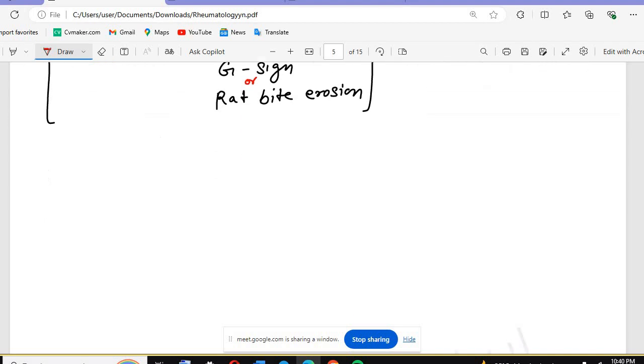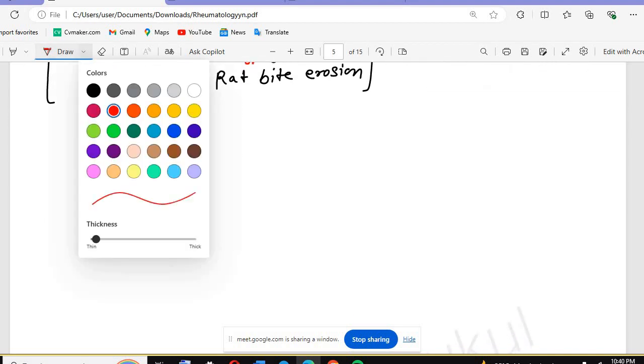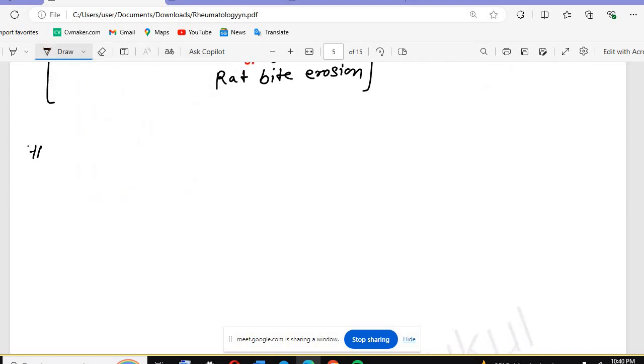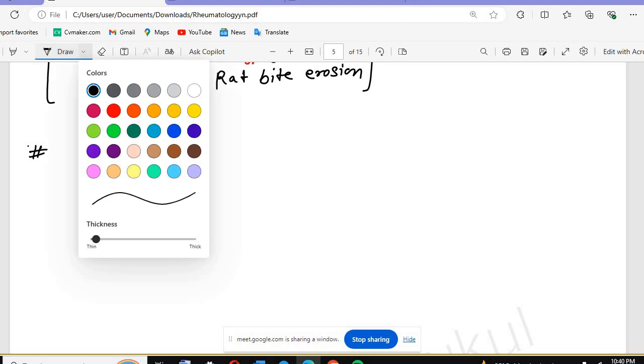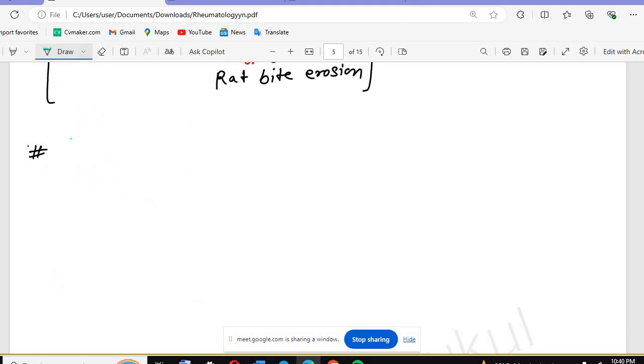There is one more condition known as pseudo gout. In pseudo gout, the most common joint involved is the knee joint. But here the deposition is different.